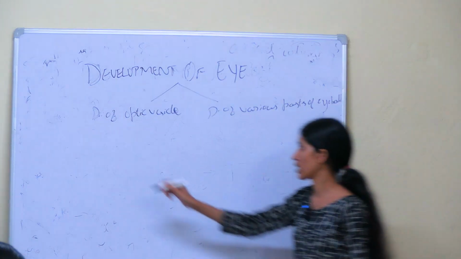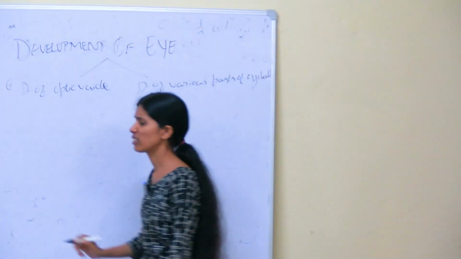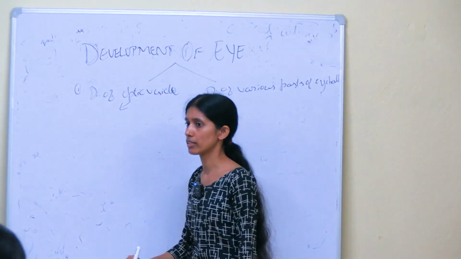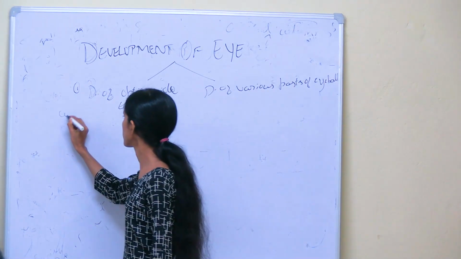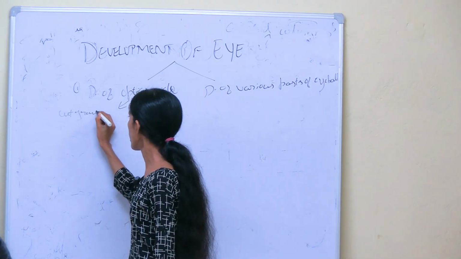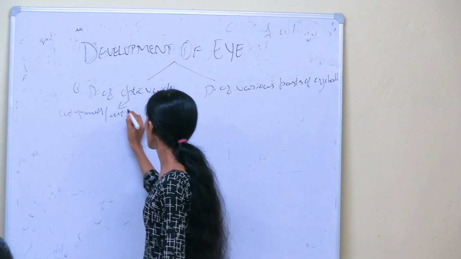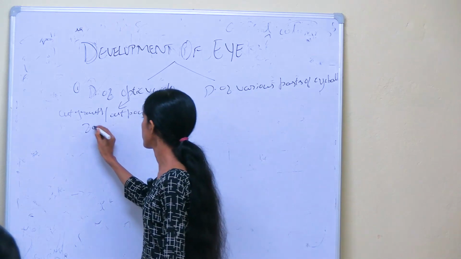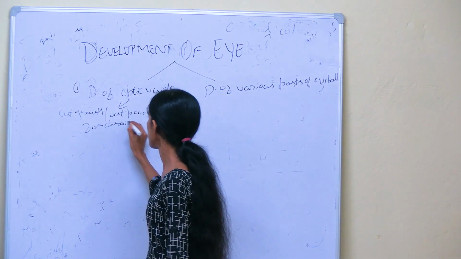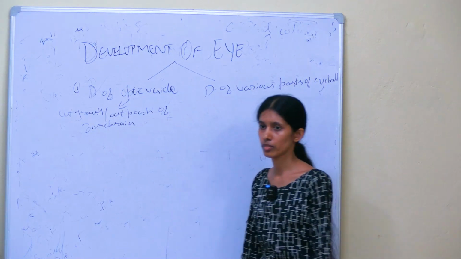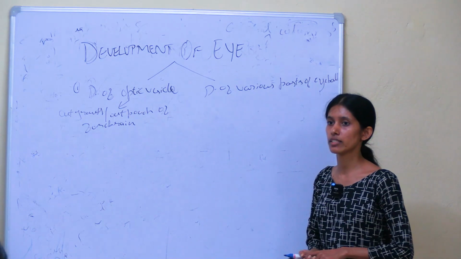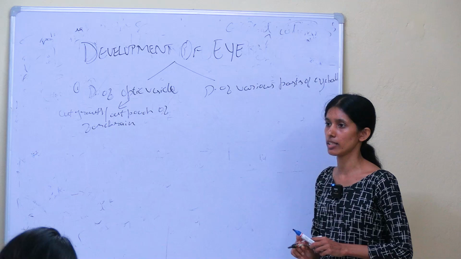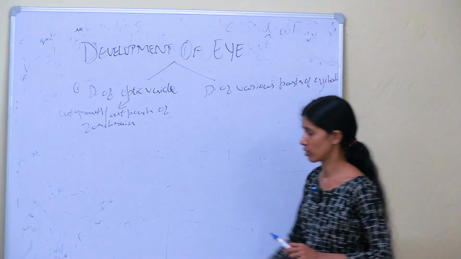First we'll start with the development of optic vesicles. Your optic vesicle is nothing but the outgrowth or out-pouch like structure of the forebrain.